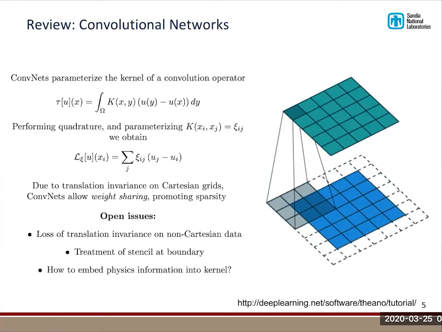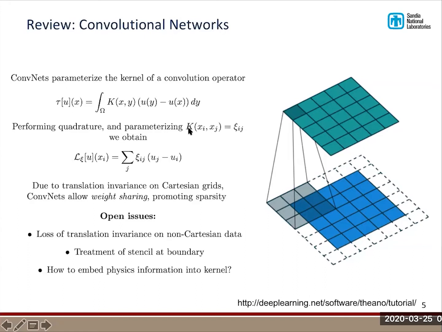So the tool that we're going to try and generalize to come up with a framework for this is convolutional networks. And the idea behind convolutional networks is you're trying to parameterize an operator in terms of some kernel. So we're going to perform quadrature on this convolution operator over a Cartesian grid of points.